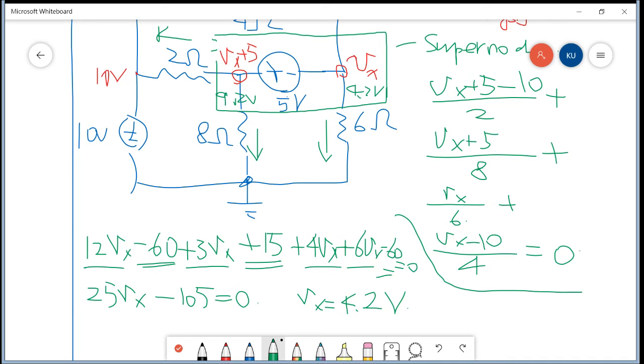So actually, after you know the node voltage, you can calculate whatever current you want in this circuit.